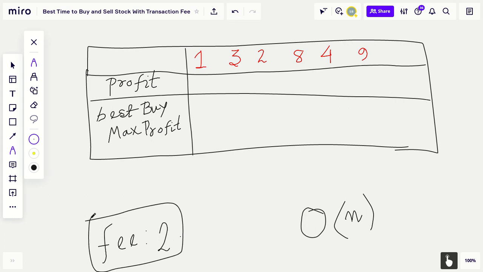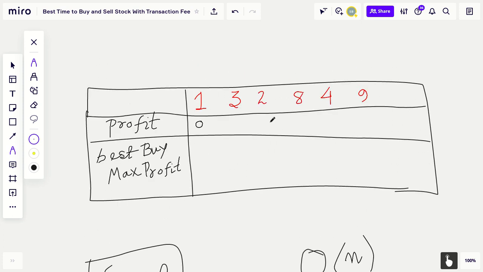Let's see. We will begin as usual with the first element: initialize profit to be 0, and the base buy max profit. In case there were no profit and no fees, we would just simply put -1 here. Why? Because if we consider buying stock over here, then we are giving money out of our pocket. Currently we have zero fund, that is the assumption.